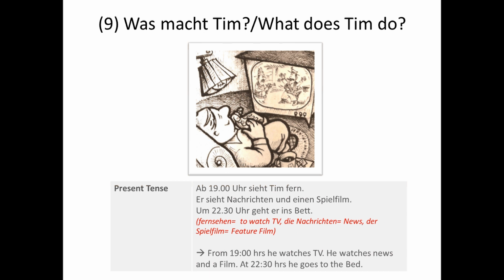And the last points: ab 19 Uhr sieht er fern. When we use ab, it means from, onwards. From 7 p.m. onwards he starts watching television. Yes, Fernsehen. Sieht fern, right?